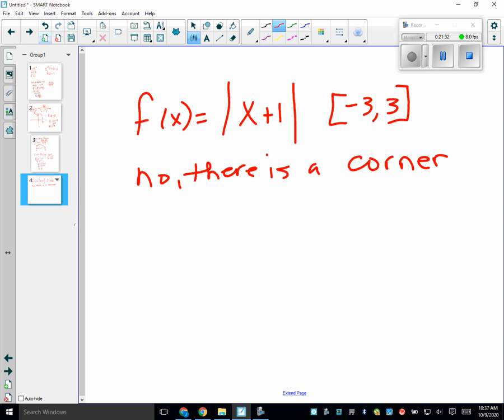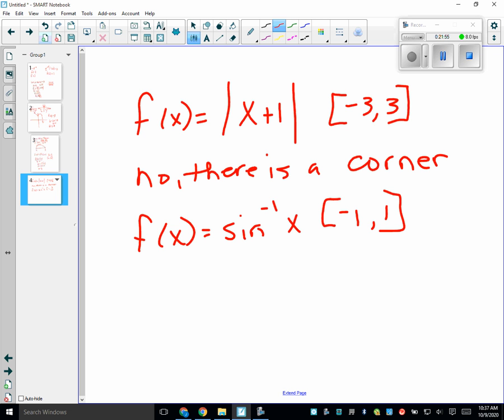Okay? Now let's go to a harder one. F of x equals inverse sine of x from -1 to 1.